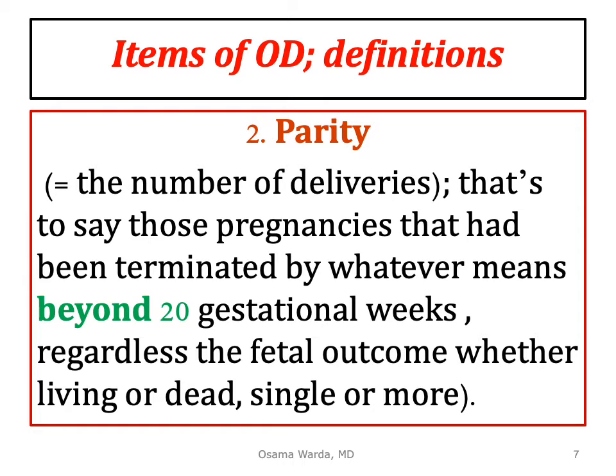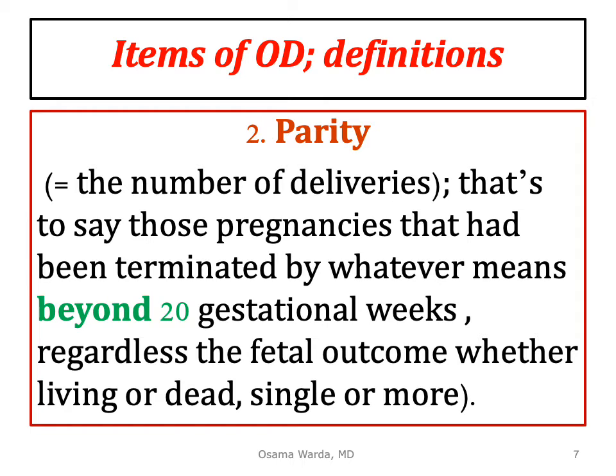What's meant by parity? Parity means deliveries. Parity is defined as those pregnancies that had been terminated after 20 weeks gestation. It is not important whether this pregnancy was a multiple pregnancy or singleton pregnancy, whether the fetus is dead or alive, and so on.